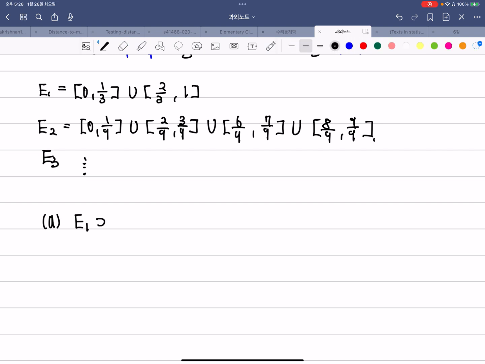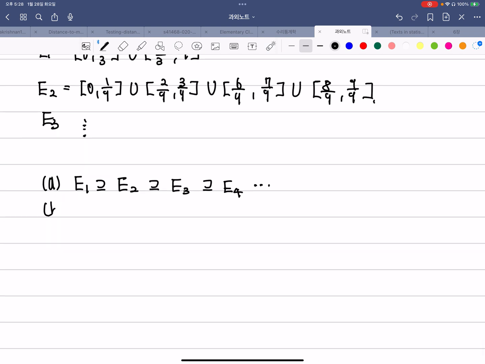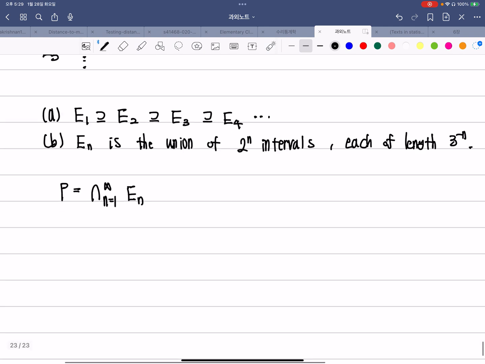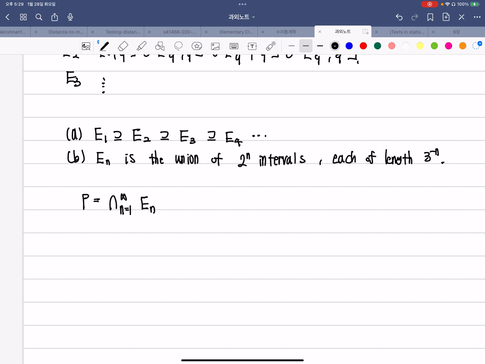The sequence of En has these properties: En is the union of 2 to the n intervals, each of length 3 to the minus n. The set E, which is the intersection of all En, is called the Cantor set.